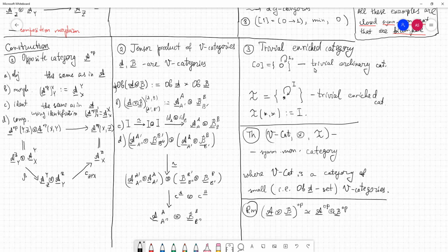We are just switching orders in every single component, but not between the components. And of course, the trivial category opposite to the trivial category is the trivial category. And what else? The trivial category tensor A is isomorphic to A tensor the trivial category, isomorphic to A. Okay, that's it.